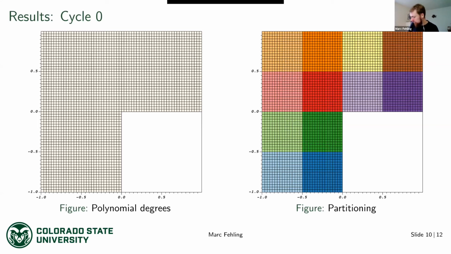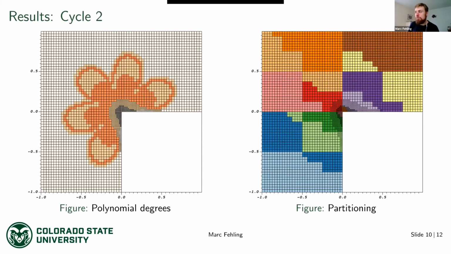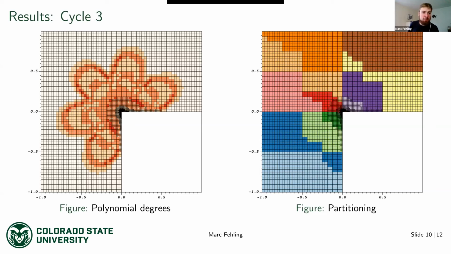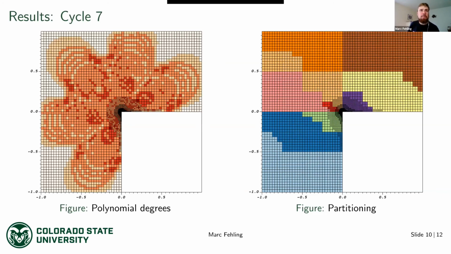This is meant as a slideshow, so I will just go through that. You will see that our algorithm really performs h-refinement near the origin and performs p-refinement everywhere else. And you also see how the repartitioning changes the domains that are assigned to each MPI rank, and each subdomain covers a different area of the domain now, but essentially the number of degrees of freedom on each of these subdomains is similar.